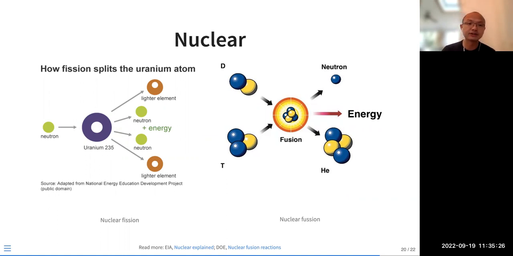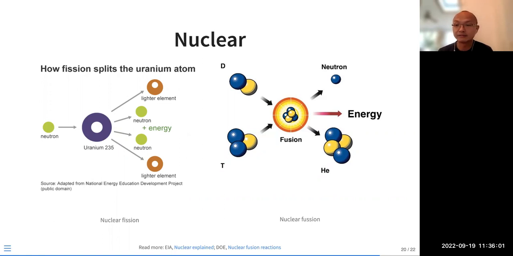For fission, it is really a neutron that hits uranium and breaks uranium into two different lighter elements, and there is huge energy in the bond energy that is released when the bond breaks, and that creates the uranium energy that we harvest.